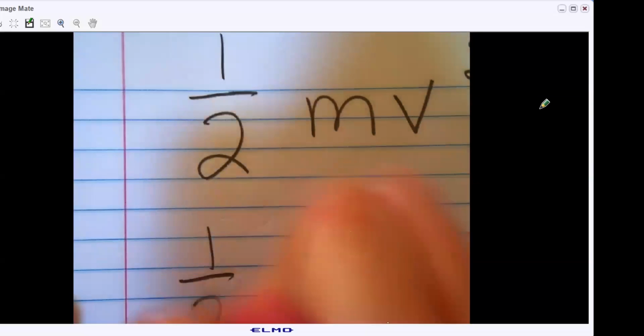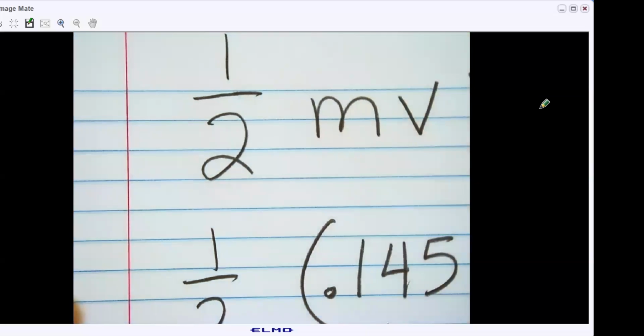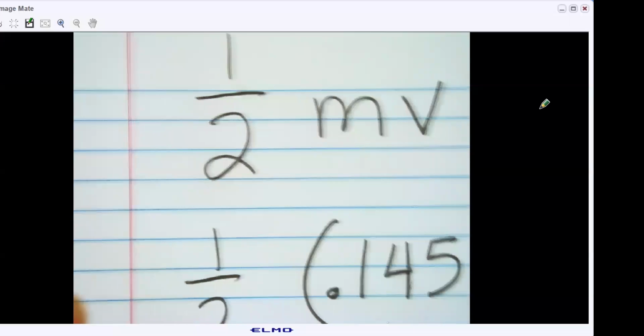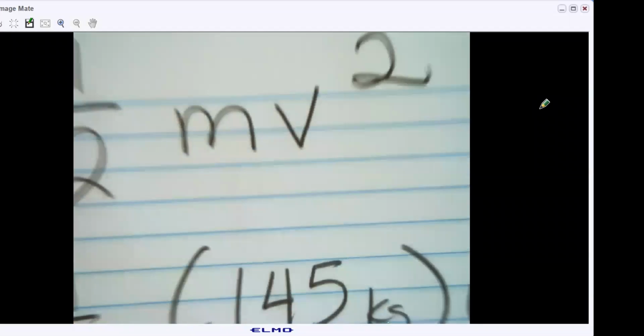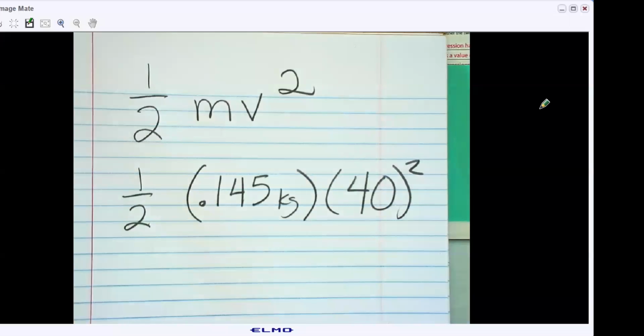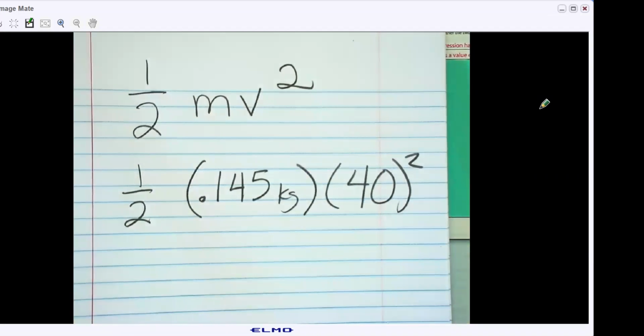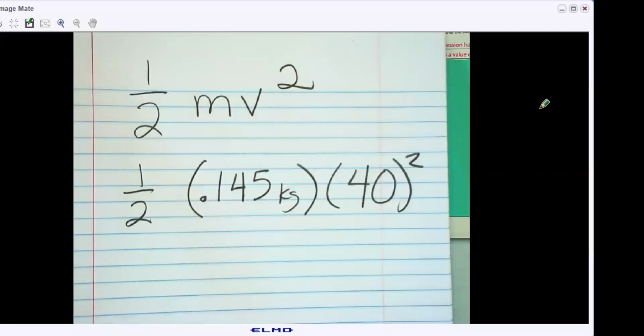So I have 1/2 times 0.145 kilograms times 40 squared. Whoa, just realized you can't see that. Mrs. Kirby, can I use a calculator on my test? Yeah, you can. Go for it. According to PEMDAS, what do I have to do first? 40 squared?